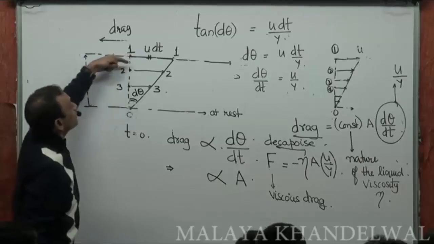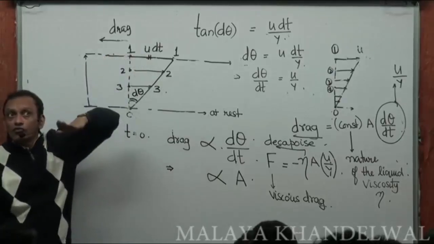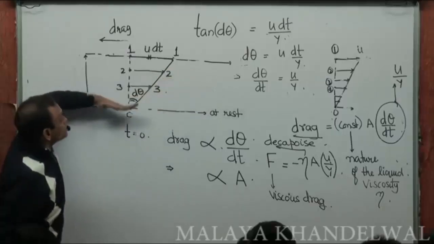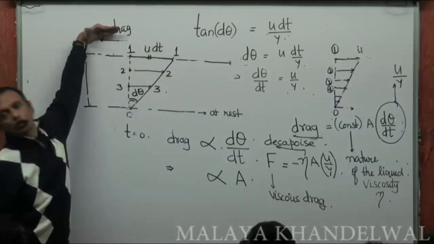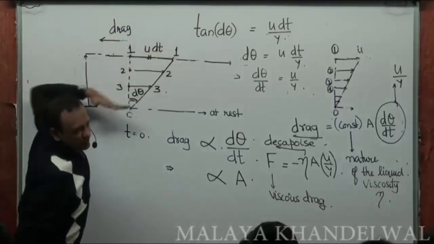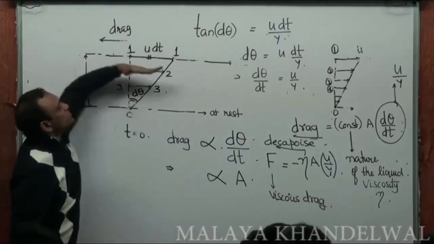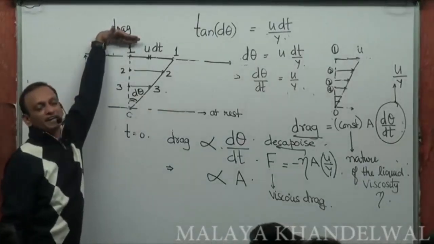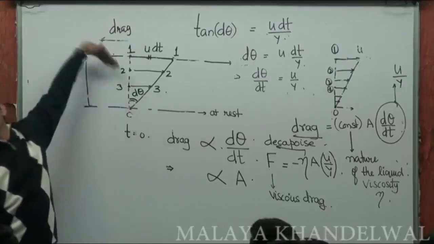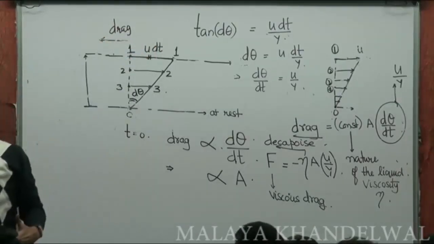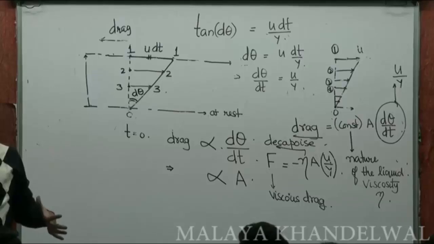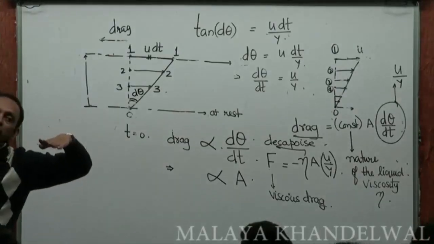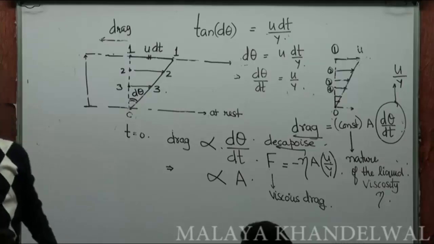What does the velocity gradient mean? It is the rate at which the tangential velocity changes in a direction perpendicular to it. These are the velocities, and the rate at which they change as we move up in the y direction is the velocity gradient, right?